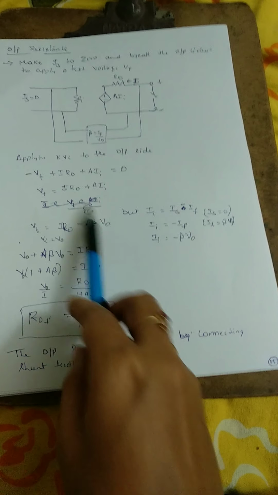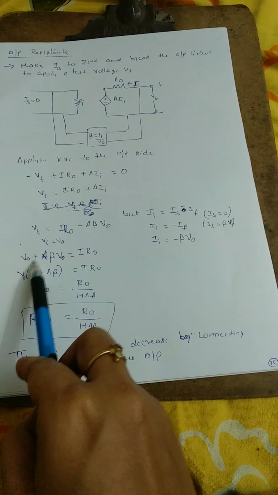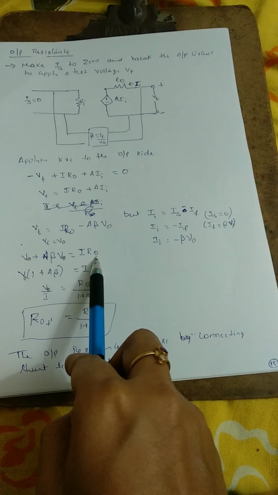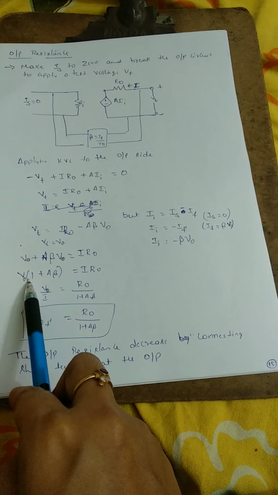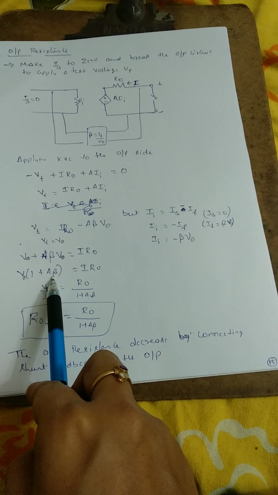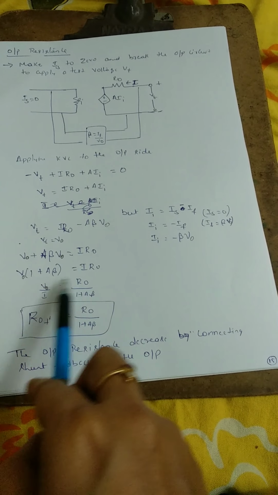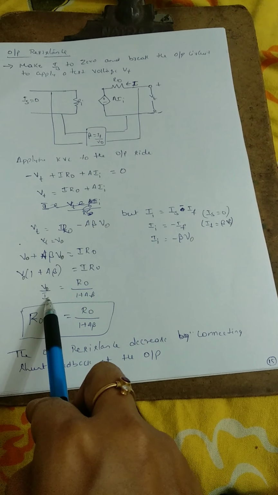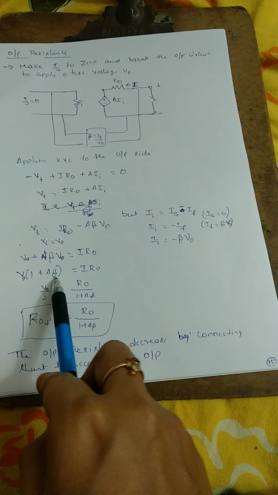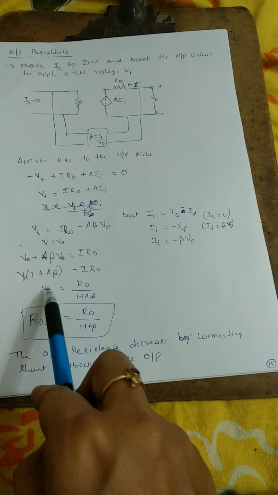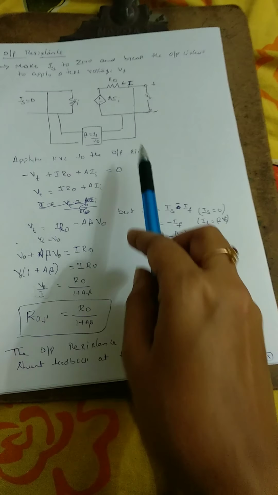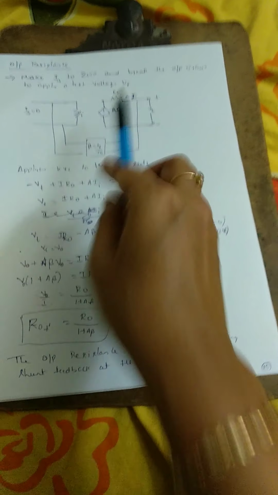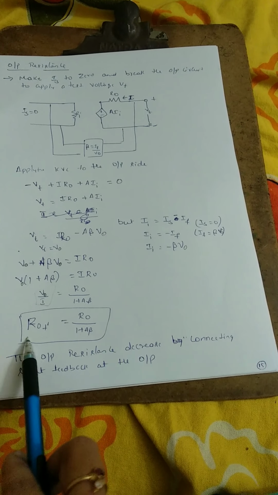Taking this to the left hand side, V0 plus A beta V0 is equal to I R0, because Vt is equal to V0. Taking V0 common, 1 plus A beta is left over. Interchanging, V0 divided by I, that is Vt divided by I, is the output resistance ROF.